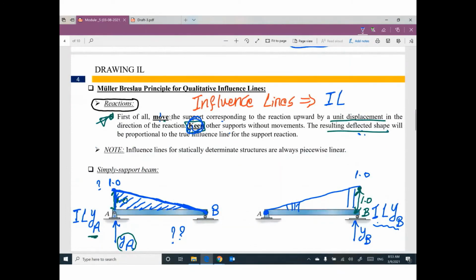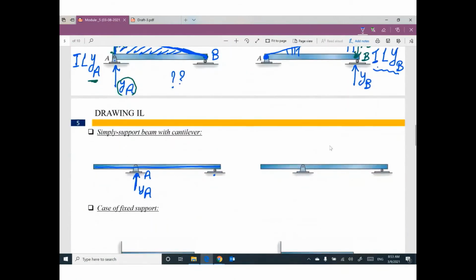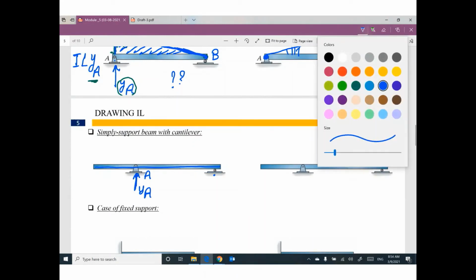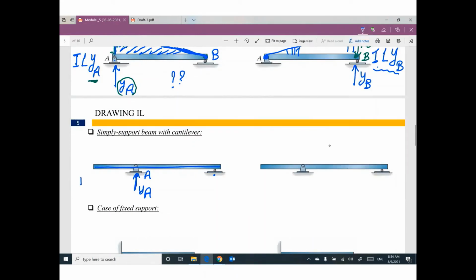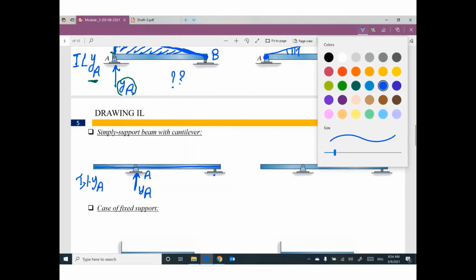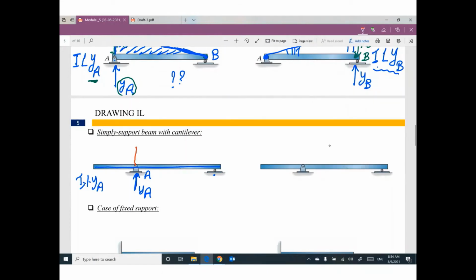Move, keep, resulting deflected shape. Move what? You are looking for the influence line of YA, so go ahead and move support A by 1.